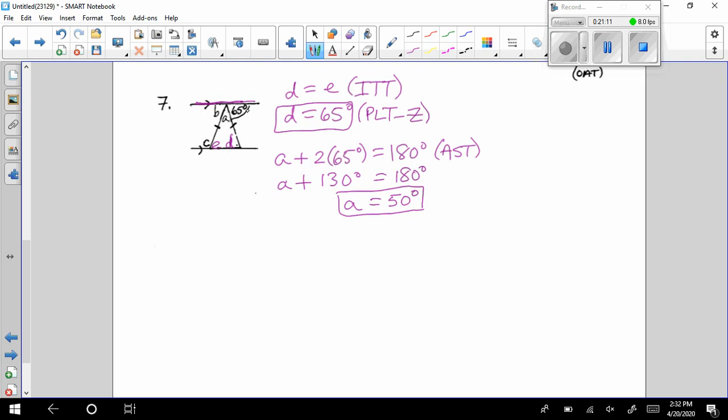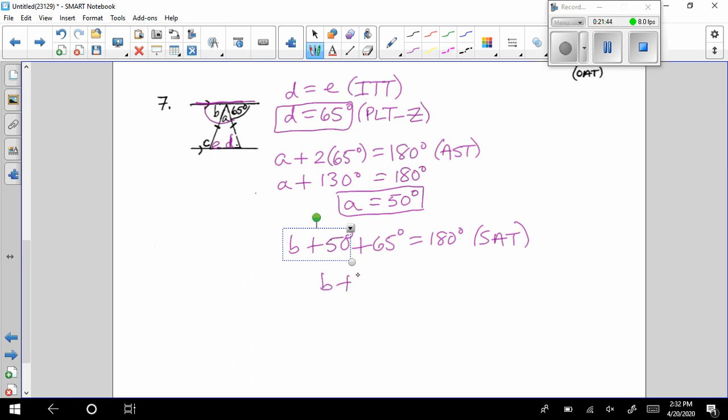So angle A and the 65-degree angle and angle B are all along this straight line. The sum of them would be 180 because of supplementary angle theorem. So that's what I'm going to do next. B plus the value of angle A, which is 50 degrees, plus 65 degrees equals 180 degrees because of SAT.